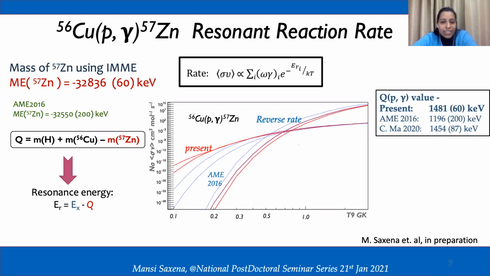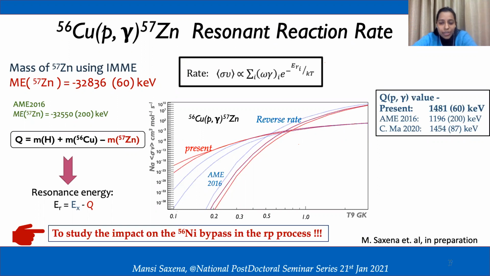So what's next in line? Next, we want to study the impact of all these new ingredients on the 56 nickel bypass in the rp process. As I speak here, Wasia is already performing these reaction flow calculations for us.